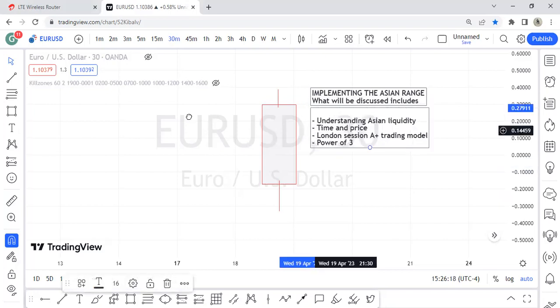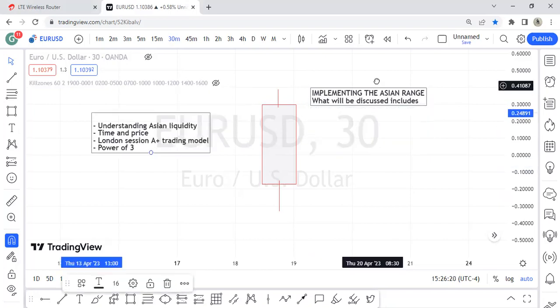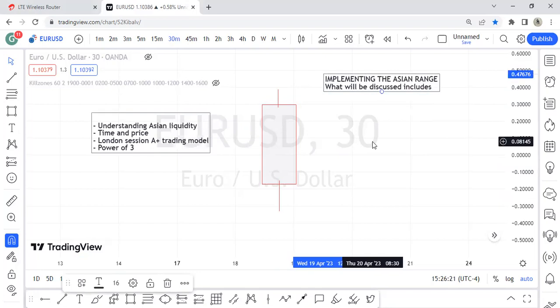So let's begin. The Asian range is one of the most important aspects of the London session, because if you want to be trading the London session, you have to have an idea of the Asian range, because that is where you'll be framing your smart money trade ideas.